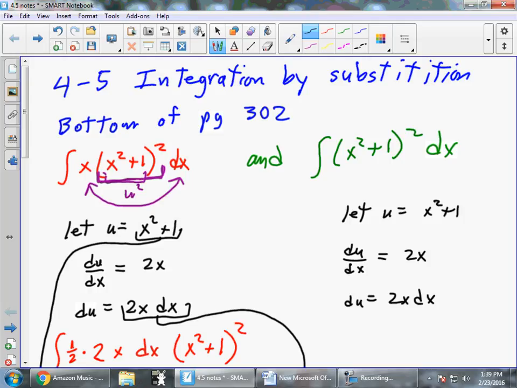Okay, now notice we have a problem. We have our u squared here. We have our dx, but what's the problem?